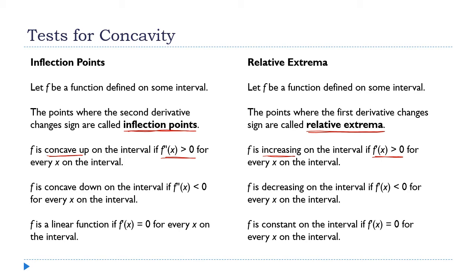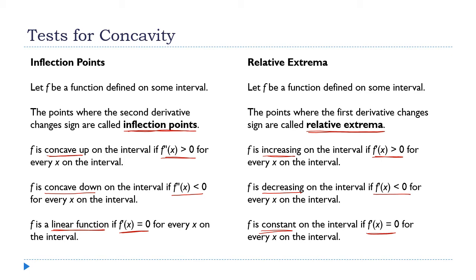Where the second derivative is negative, the function is concave down, and similarly, a negative first derivative means the function is decreasing. And finally, if the first derivative is equal to 0 everywhere for a function, then the function is constant, where if the second derivative is 0 everywhere, then the function must be linear.